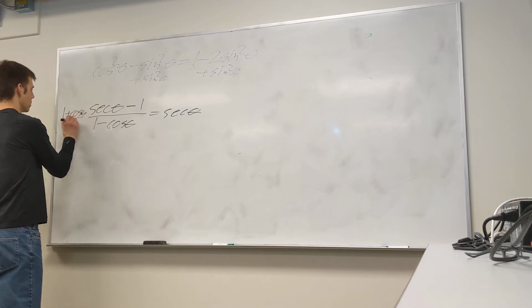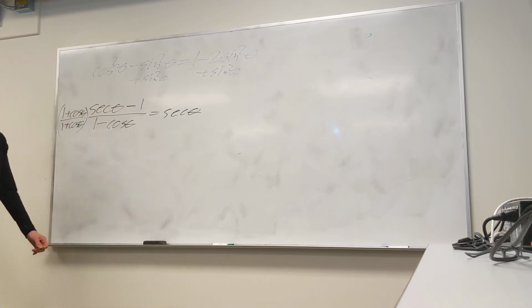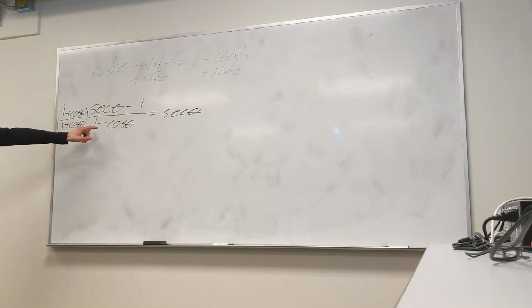Multiply? Basically I'm multiplying by 1, right? So I want to multiply by the difference. So this is 1 minus cosine theta, so I'm going to multiply by 1 plus cosine theta over itself. So this is just 1.